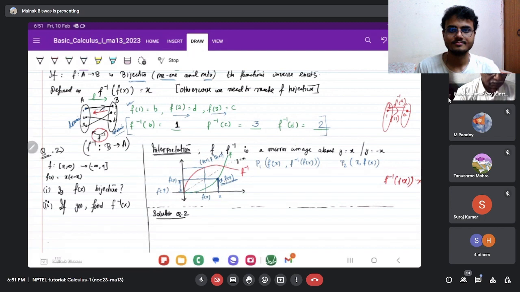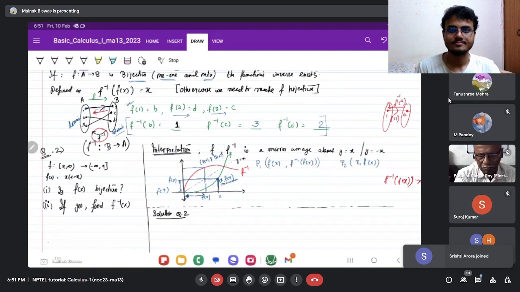Now if I plot a square, so if I put f of x on the x axis and project it upwards, you get your x axis to be f of x, and at the point it meets f inverse, that is f inverse of f of x. So this is your P1 and this is your P2.